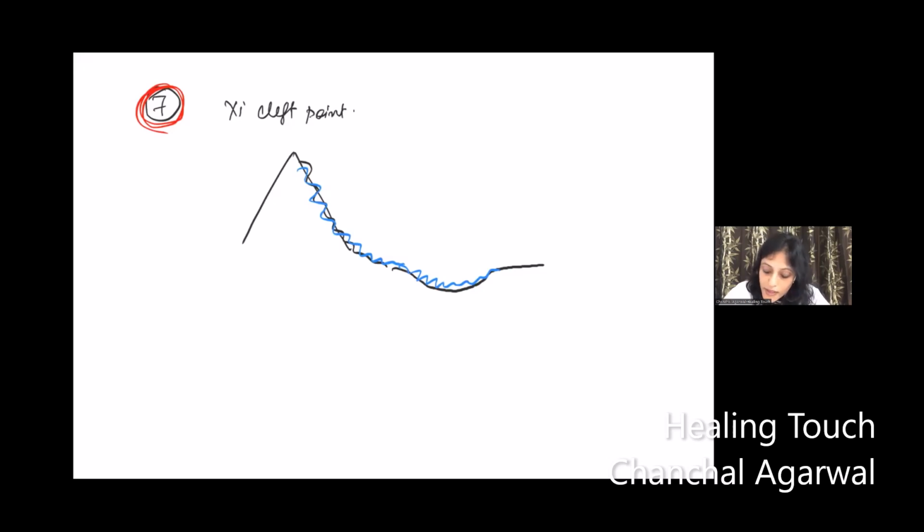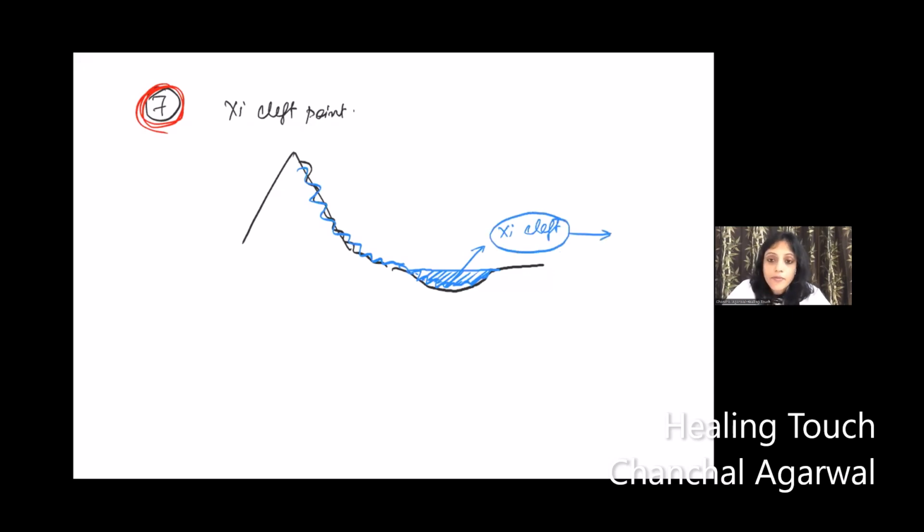It will definitely fill up this depression. So this is nothing but the Xi-Cleft. That means when the energy is flowing in the body, it will fill up some important areas with its energy, and those are called Xi-Cleft points.